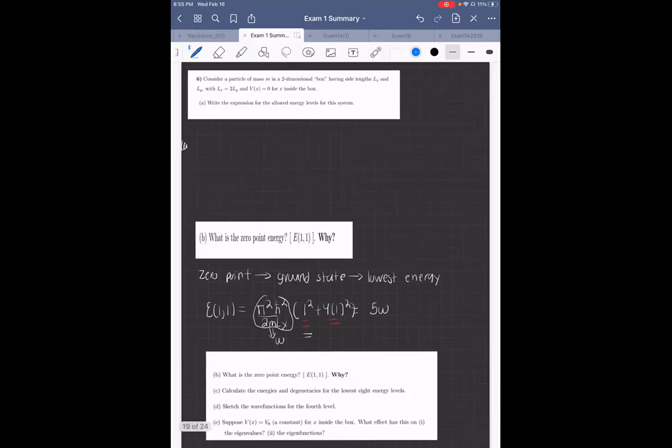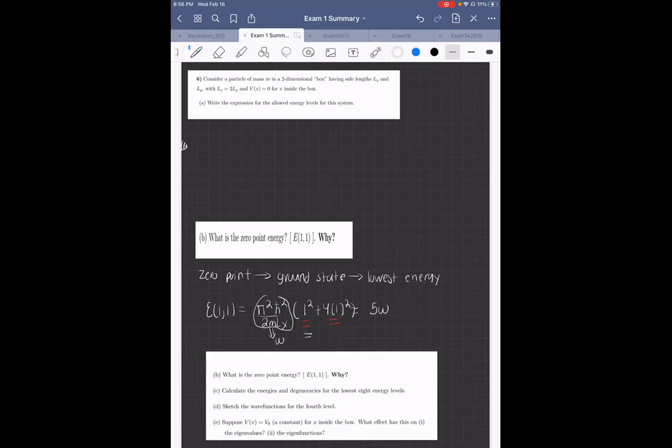All right, we kind of saw this at the beginning, but I'll guide through what I did. So consider a particle of mass m in a box having a length Lx and a length Ly, with Lx equal to 2Ly, and V of x equal to 0 inside the box. Write an expression for the allowed energy levels of the system.